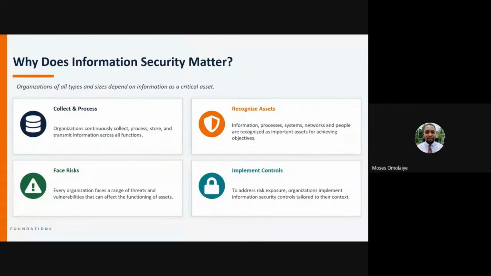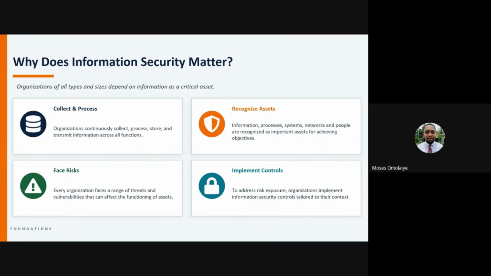organizations recognize assets because information is an asset. It is as valuable as the skyscraper, in some cases even more valuable than that real estate. So you recognize assets like information, processes, systems, networks, and people as important assets for achieving objectives.